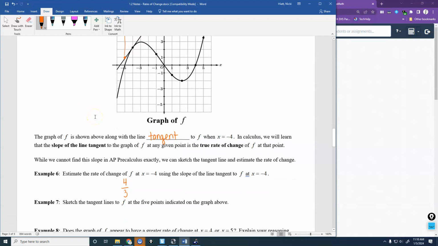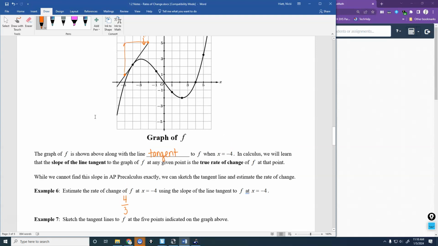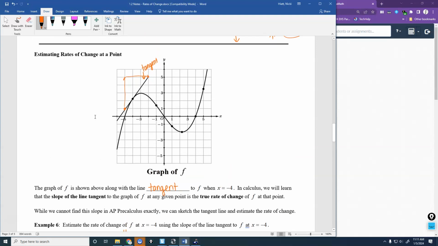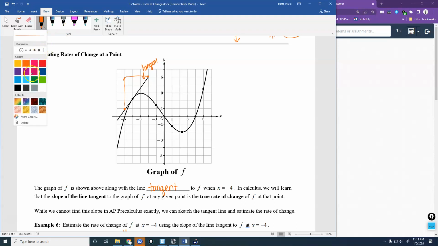Okay, 7 is going to ask us to sketch the tangent lines. And the tangent lines are going to touch just at one point, except sometimes, whenever you've got a graph, like for example, the tangent line right here is just going to be like a horizontal line.